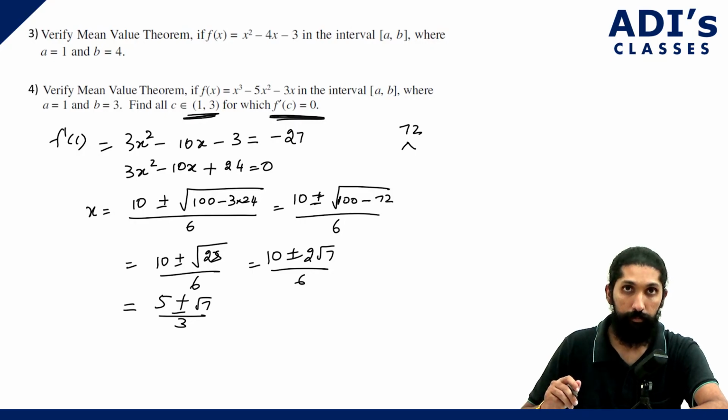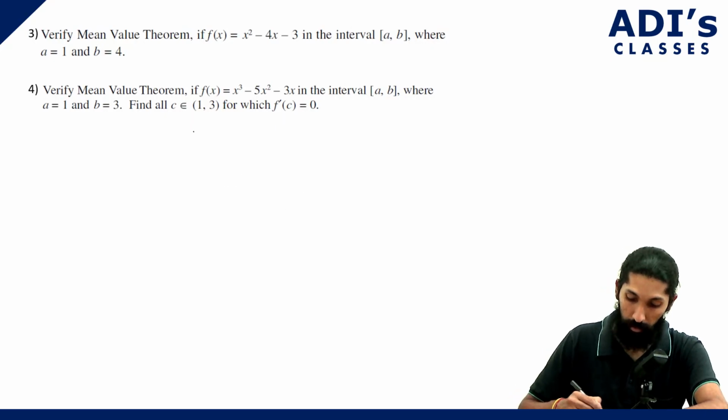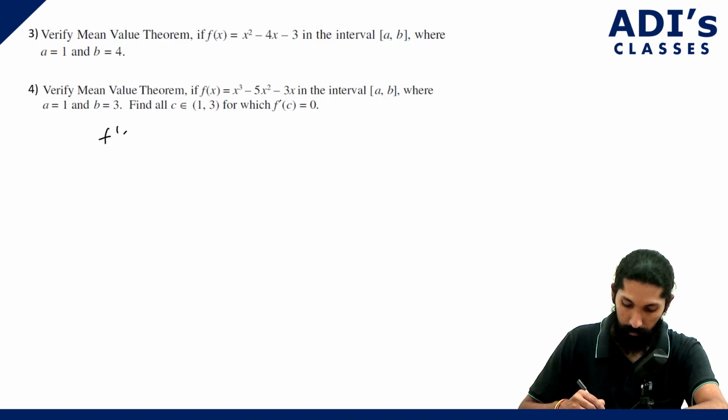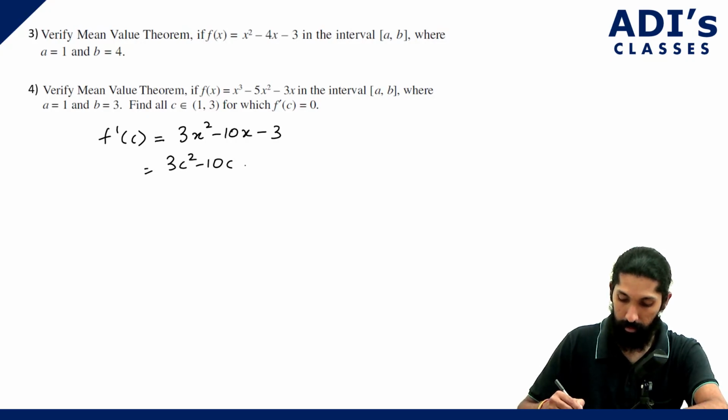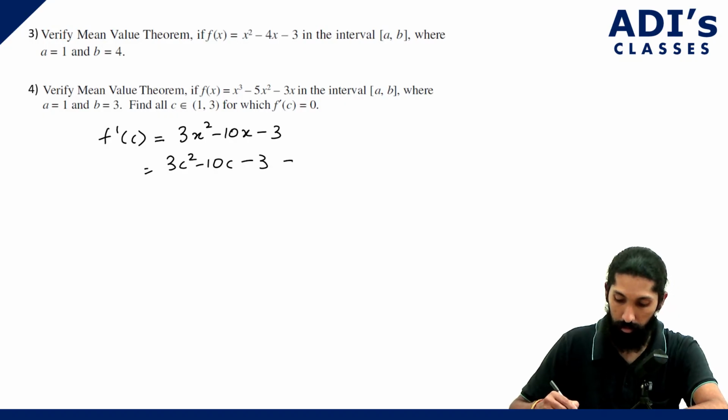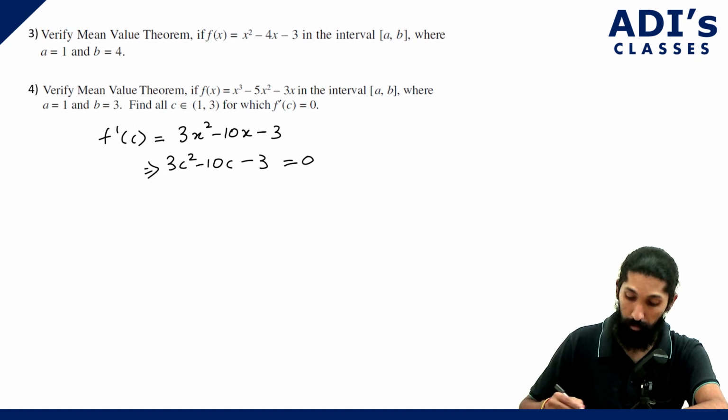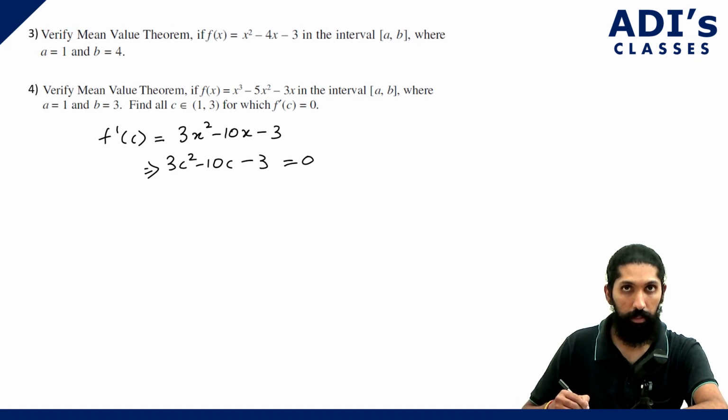Alright? Second part, see, find f dash of x, or f dash of c in our case. So you'll have 3x square minus 10x minus 3, or 3c square minus 10c minus 3. So equate this to 0, right? Multiply. So 3 into 3 is 9. 9 in the sense you can take 9 and 1 itself.